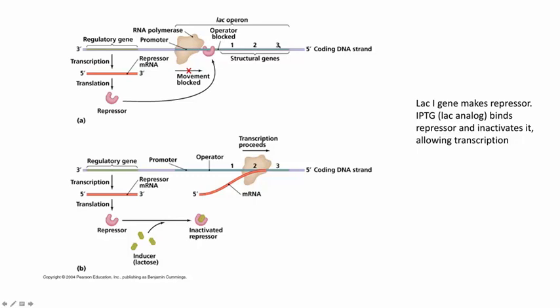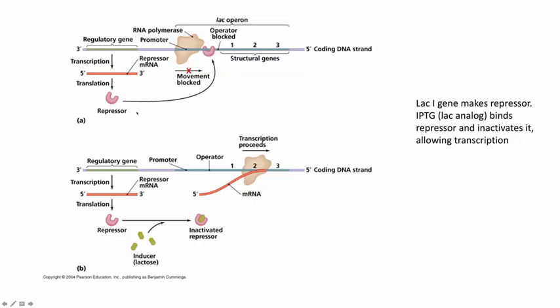Now, it is possible to remove these genes from the lac operon and substitute in your protein of interest gene right here, so that by cloning your gene in right here, this system will work to express your gene of interest rather than the genes in the lac operon.